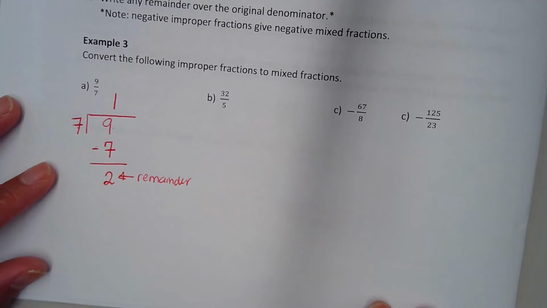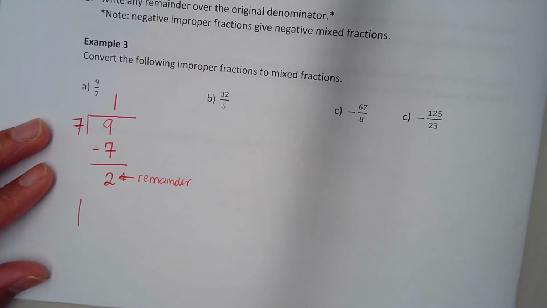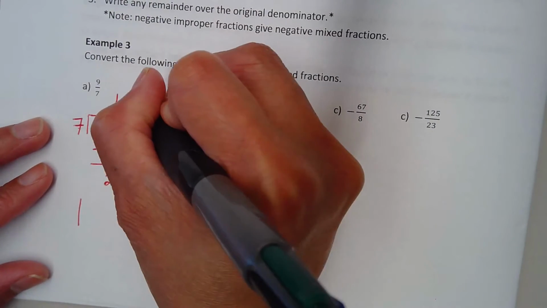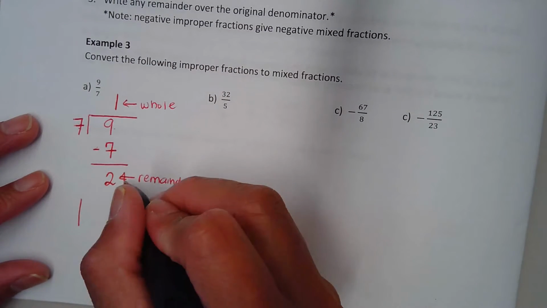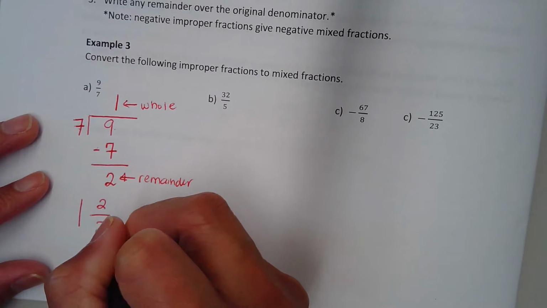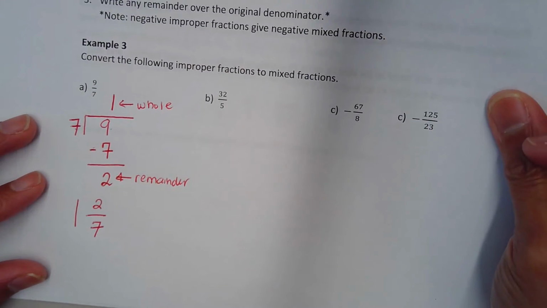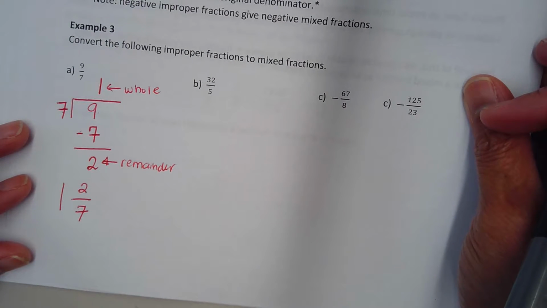So what would it be? It's going to be 1. That's our whole number. And it's going to be the remainder over 7. When I type that in, that's the answer I get at the bottom.